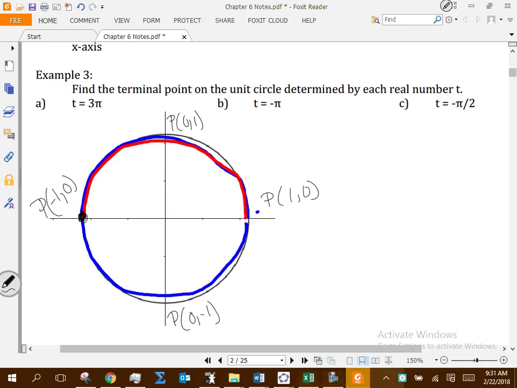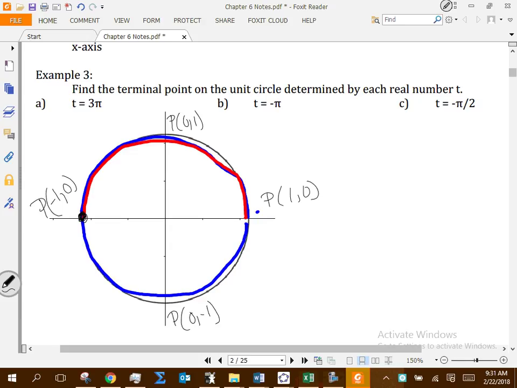Type in cosine of 3 pi. It'll spit back negative 1. Type in sine of 3 pi. 0. Look at the point at 3 pi, the negative 1, I said cosine, right? What's your x value? And 0 is your y value.